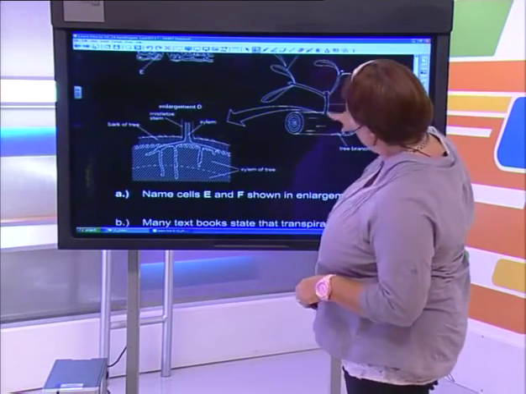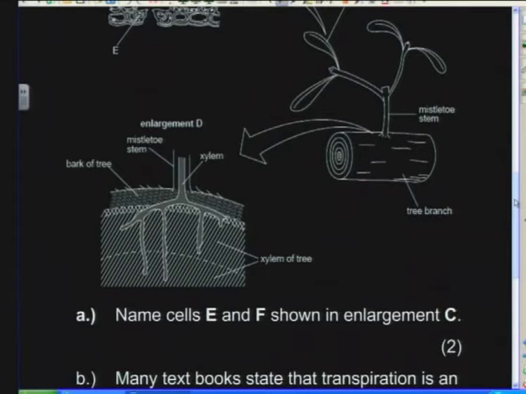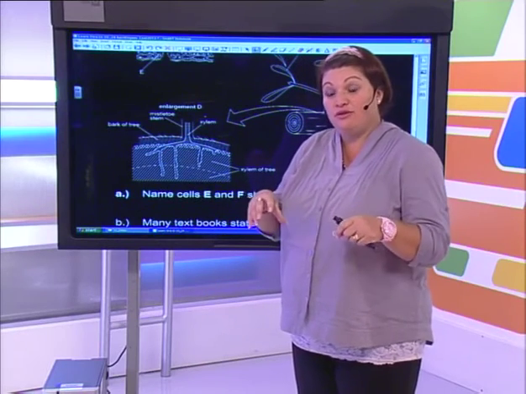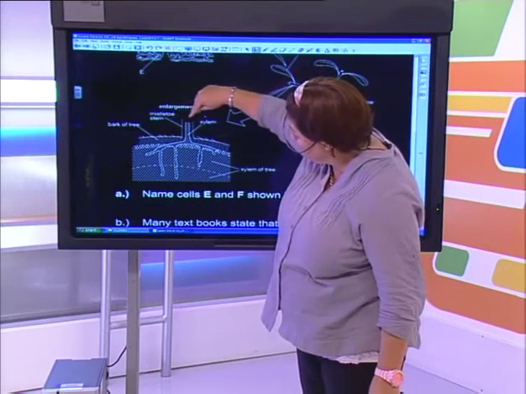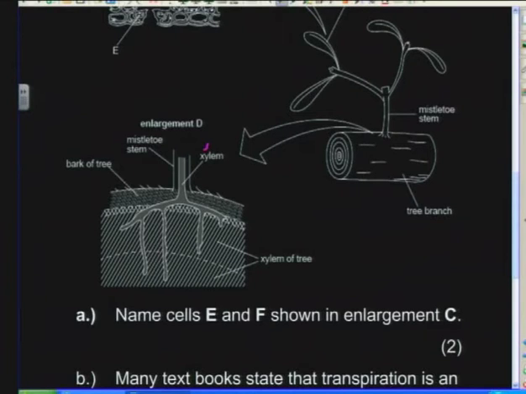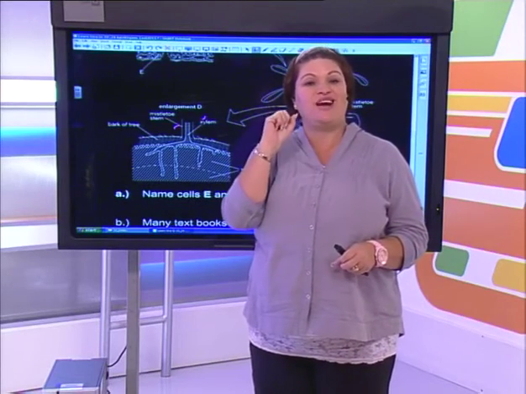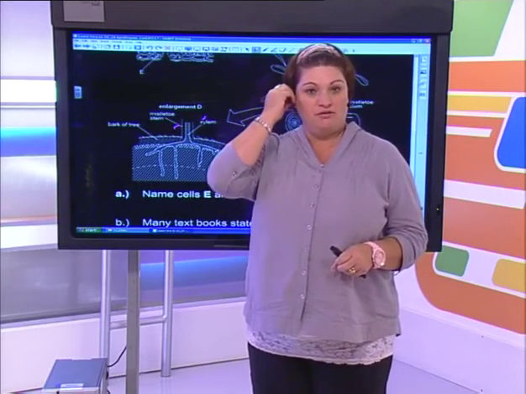Now, if you have a look at the mistletoe, look what it does. It needs another plant's food. Have a look here. Mistletoe takes its xylem and it penetrates the bark of the tree, and it sucks into the xylem of the tree trunk.